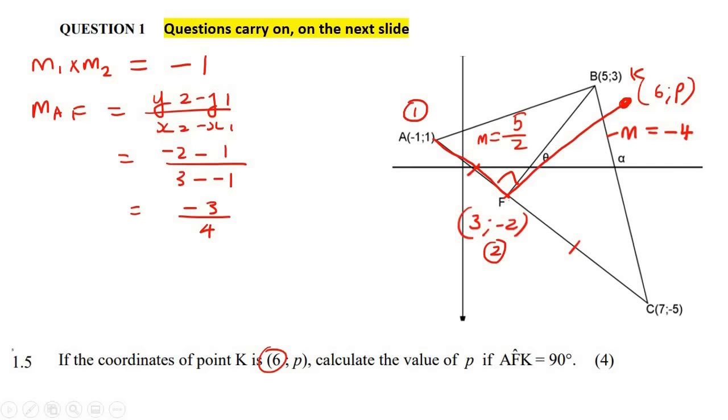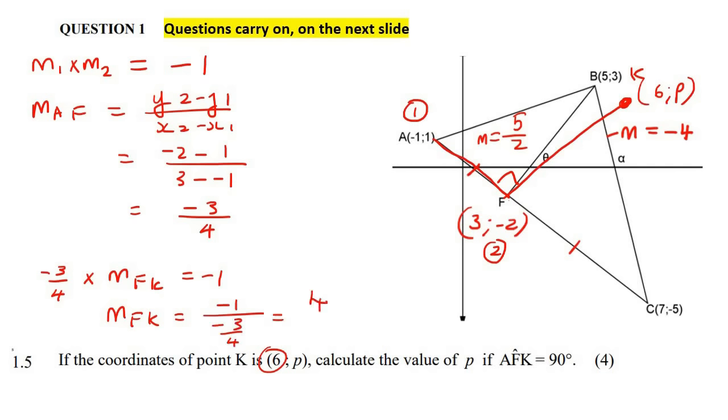Okay, so we have the gradient of AF. Now we can just go plug that into here, for example. So you could say -3 over 4 multiplied by the gradient of FK, which is this line. And that should give us -1. So then the gradient of FK could be -1 divided by -3 over 4.